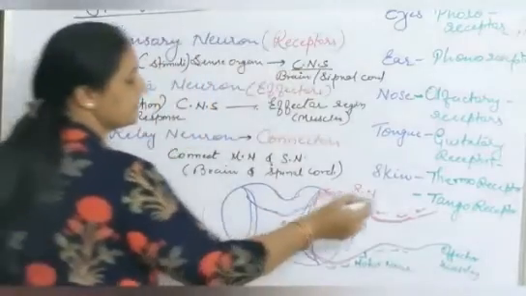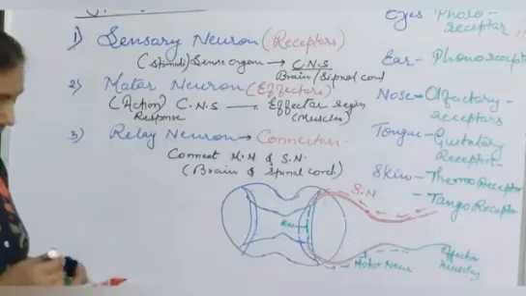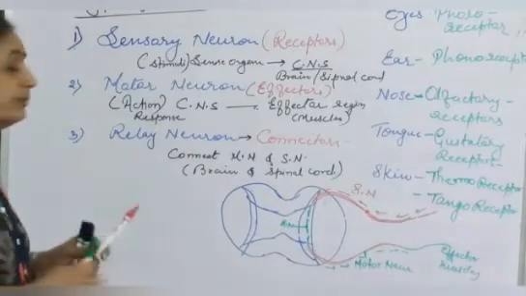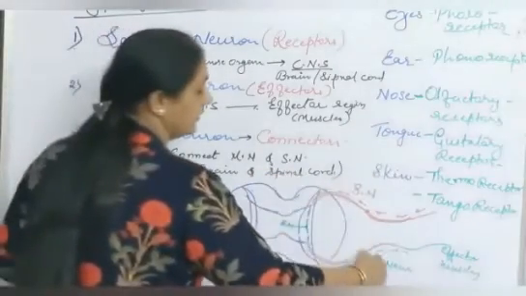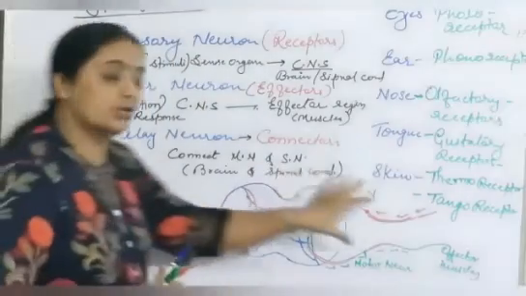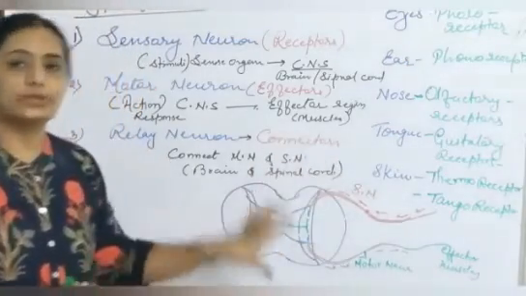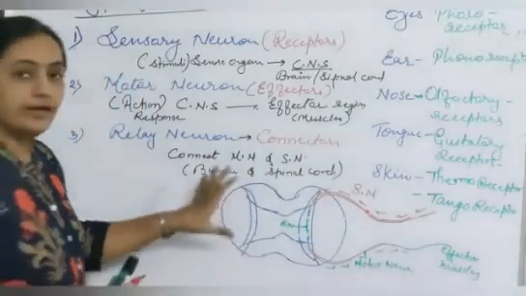That is how sensory neuron and motor neuron run parallel to each other. Both are running together. One brings stimuli, the other carries the response. In this way, response and stimuli together work to give a result for a particular movement or action.